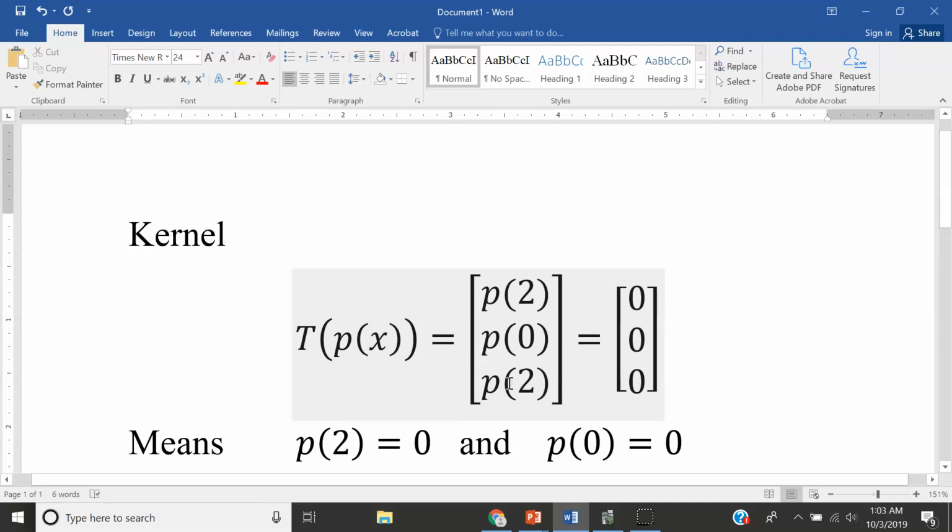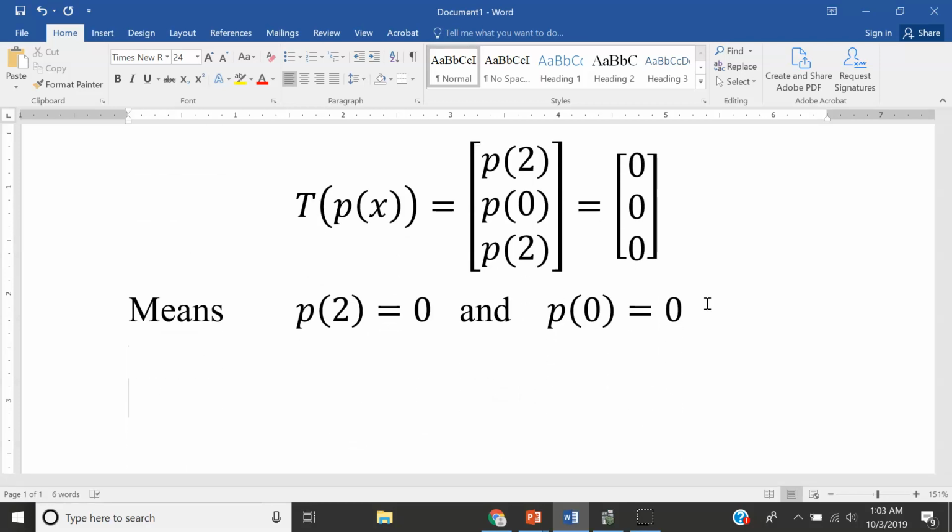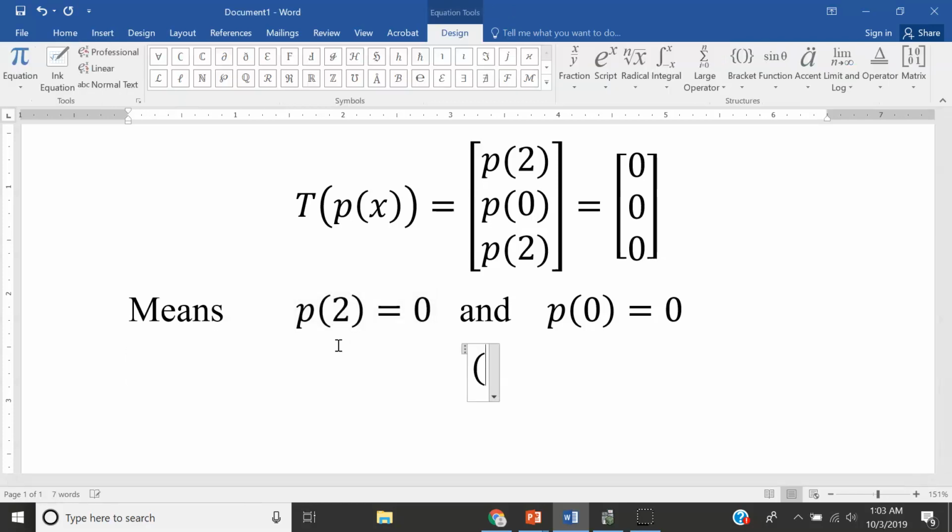This third entry, plugging in 2 and getting a 0, is redundant with the first, so I just have to write p of 2 equals 0 once. Now, if you think about what that means, p of 2 equaling 0 means that the polynomial is going to have a factor of x minus 2.